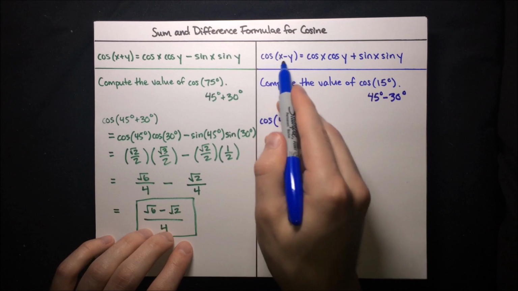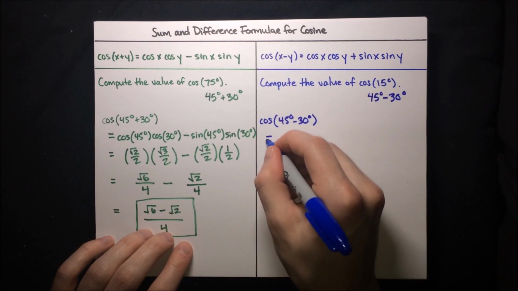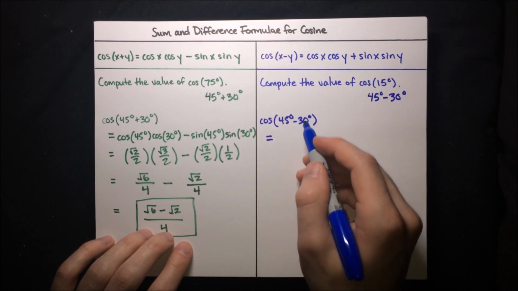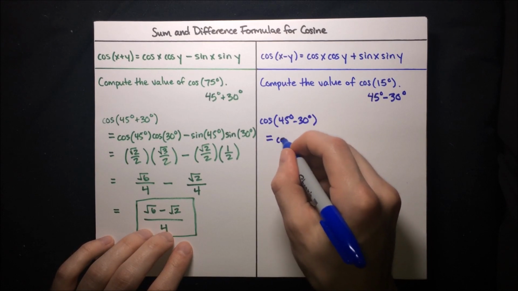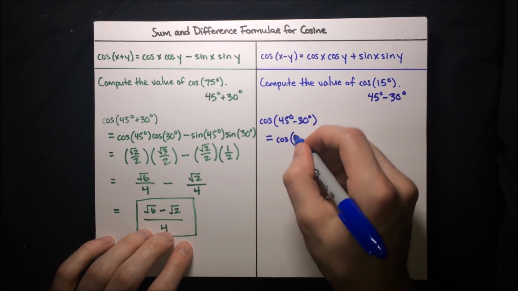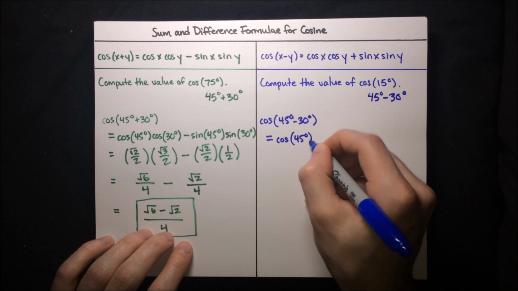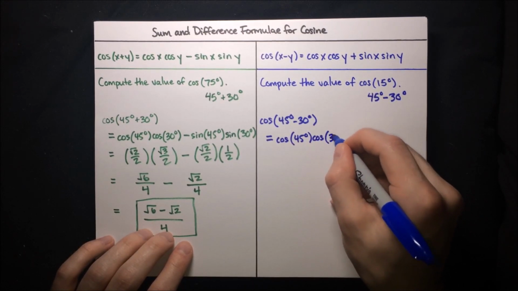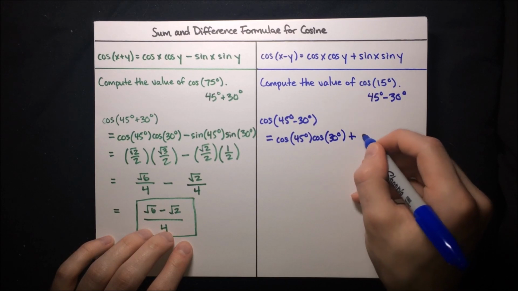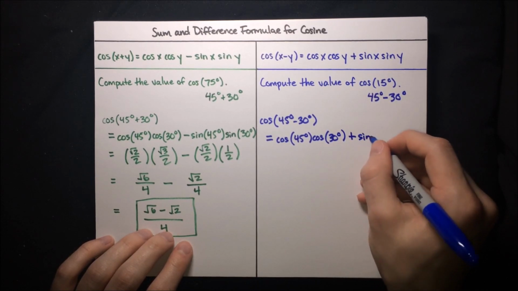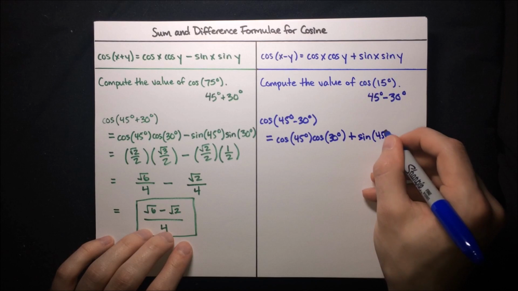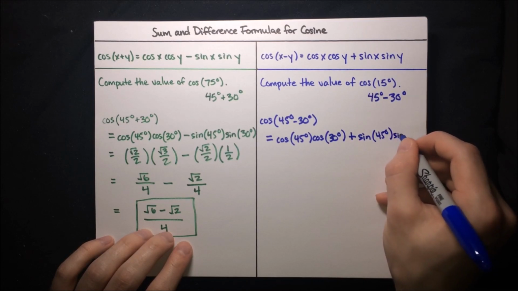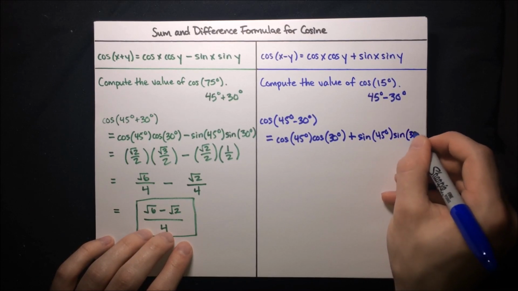That matches up nicely with our formula here, so we can just plug 45 degrees in for x and 30 degrees in for y. So that's cosine of x, which is 45 degrees, and then cosine of y, which is 30 degrees, and then plus sine of that first term, 45 degrees, times sine of the second term, 30 degrees.